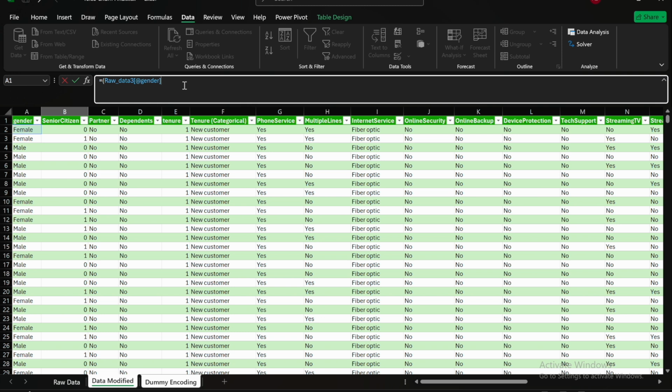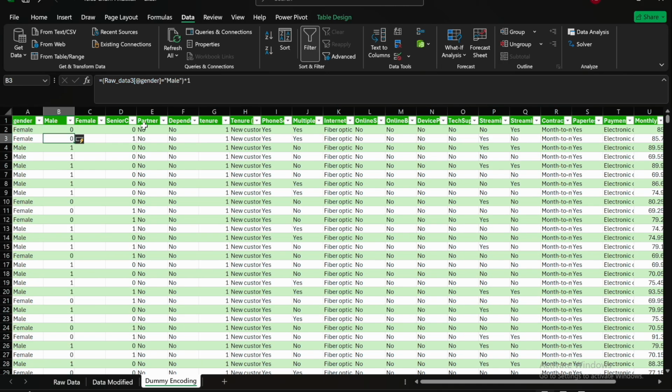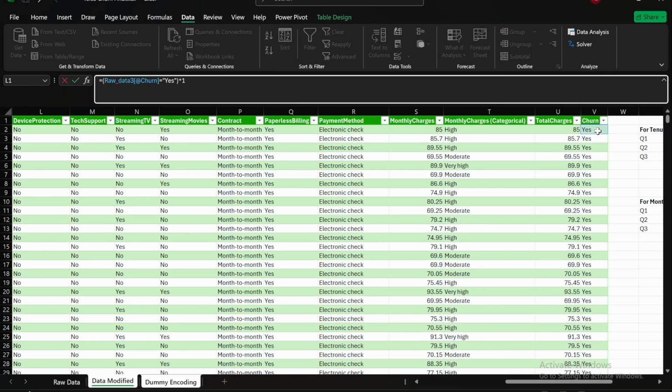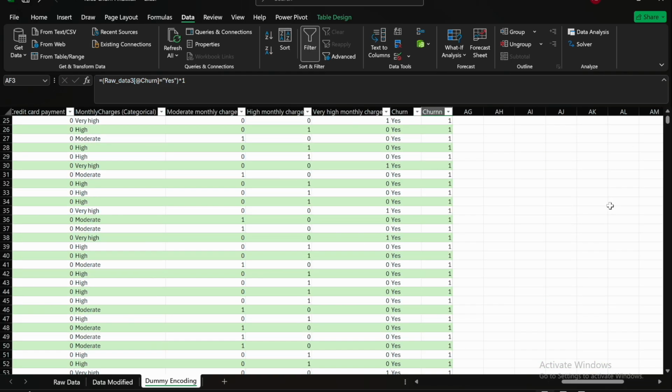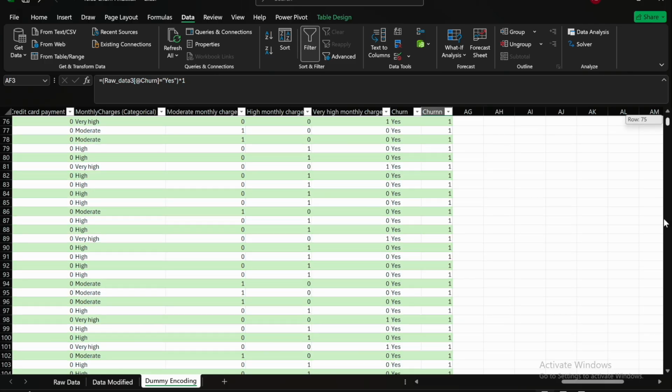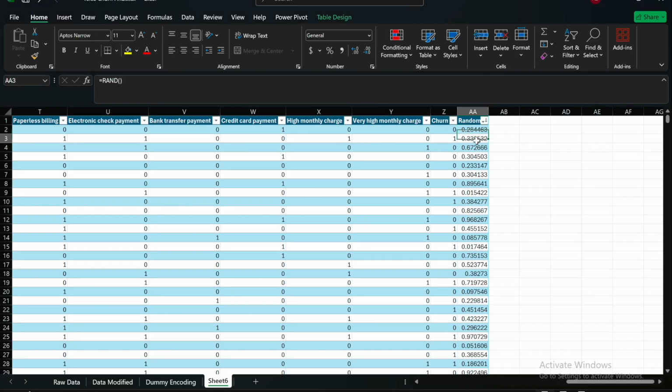The male class was kept and the female class was chosen as the reference class. So if male, then 1, using a formula of course, and if not, then 0. This was done for pretty much all the columns, including churn. The k-1 rule was applied here: so 4 different classes, 3 dummy variables.